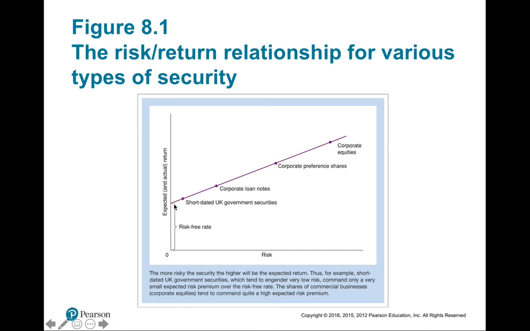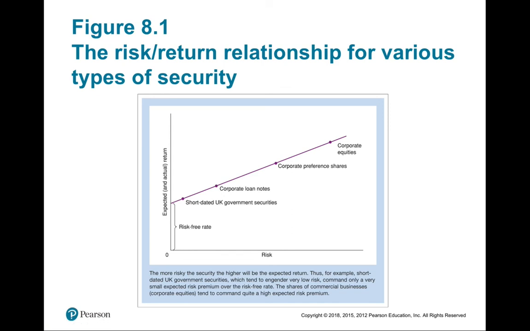We see short-dated UK government securities. Very low risk, very low expected rate of return. That's predominantly due to the fact that it's highly unlikely the UK government would default on making interest payments. As we move up, the next thing we see are corporate loan notes, which are when businesses issue their own debt finance.